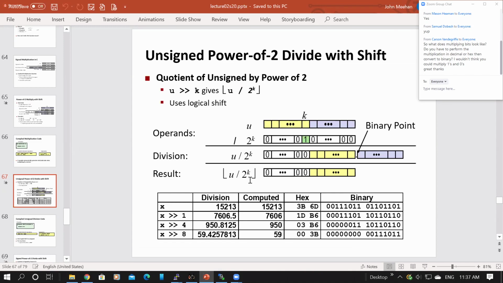And you'll notice that in the case of the unsigned, since it's lopping these things off, it's doing what we call round towards zero, right? By just chucking the thing away, it's making this thing round down towards zero.